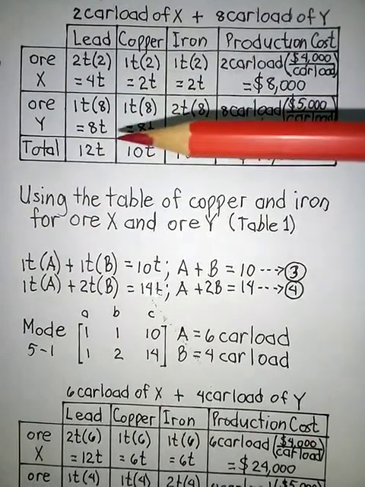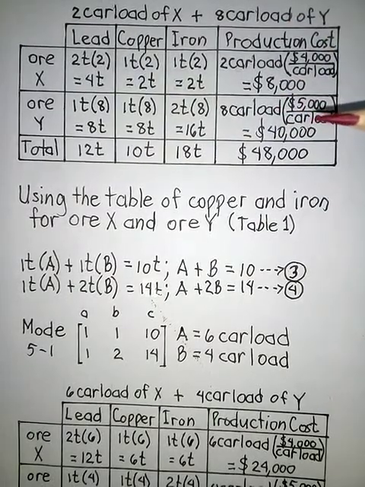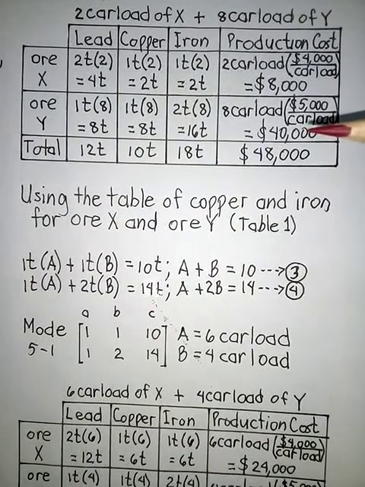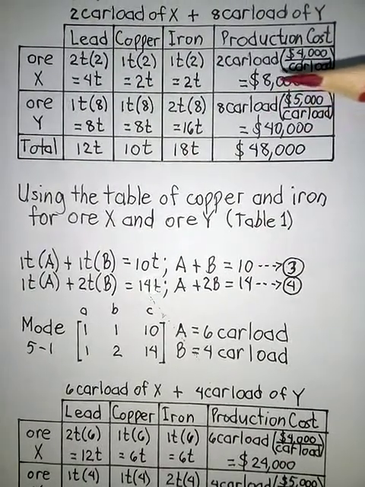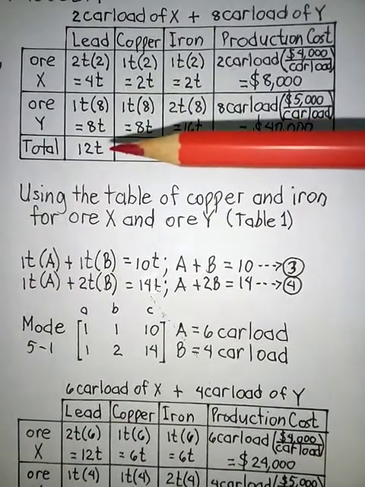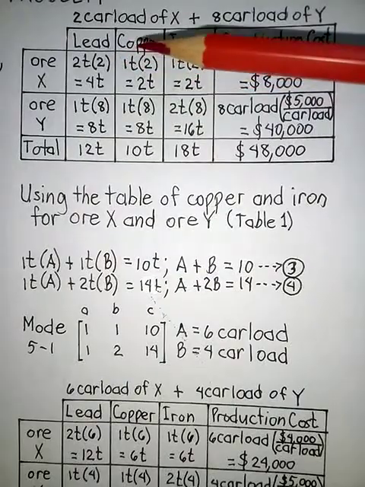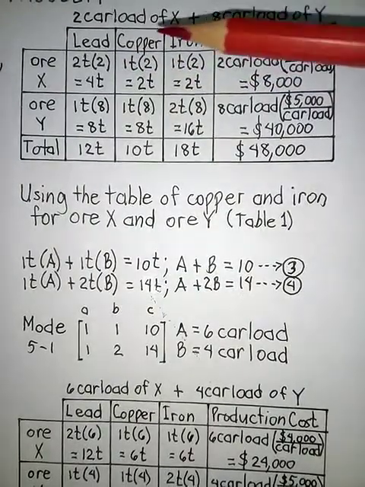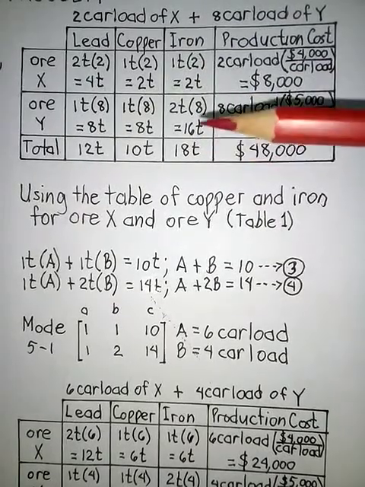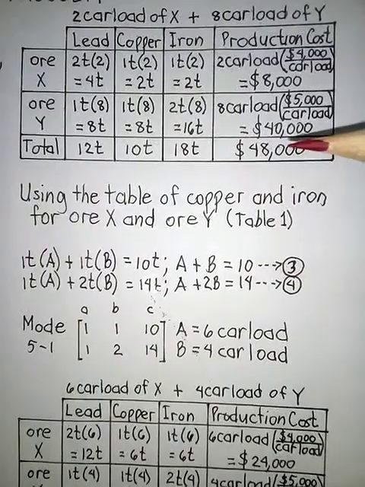And for ore Y, a total of 8 carloads multiplied by $5,000 per carload is equal to $40,000. So the result now is you can get 12 tons of lead in the combination of 2 and 8 carloads of X and Y, and 10 tons of copper and 18 tons of iron. So the total production cost is $48,000.